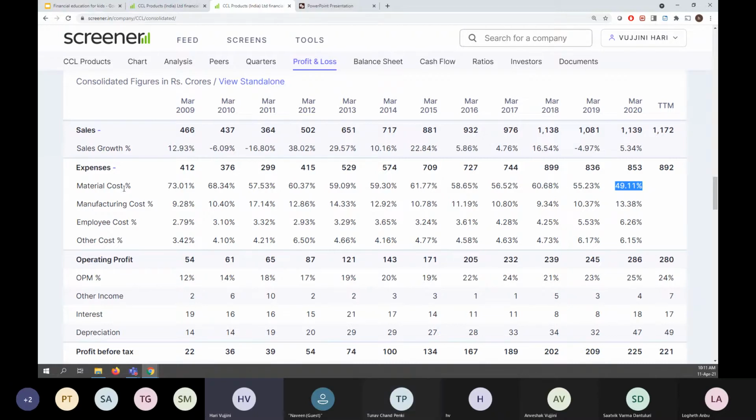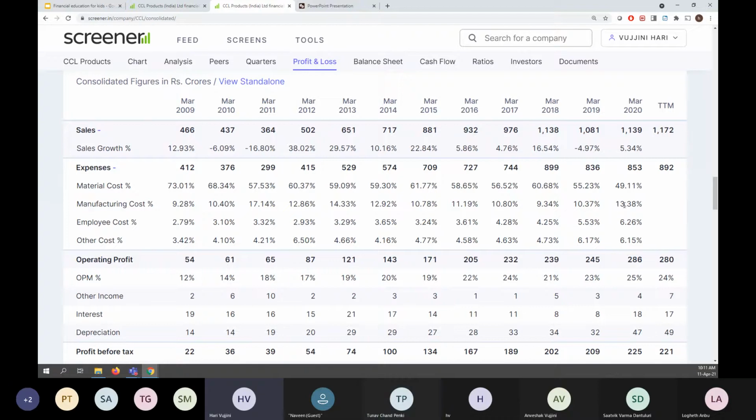So that's the raw material cost. They spent 49% of their expenses on raw material, and then they need to manufacture it, right? They need to roast the coffee beans, crush them and add some flavors based on the customer needs. That's a manufacturing cost.